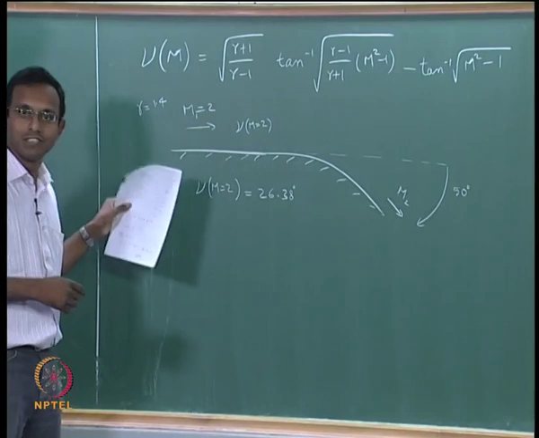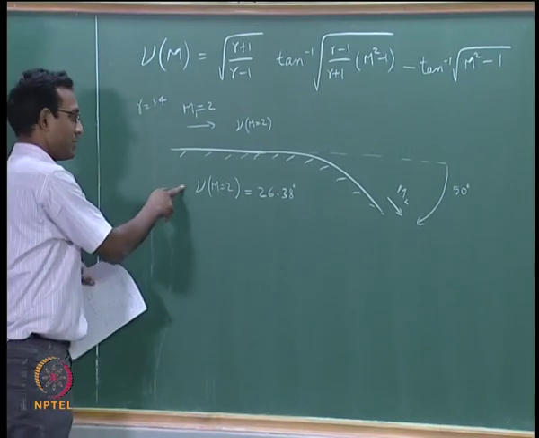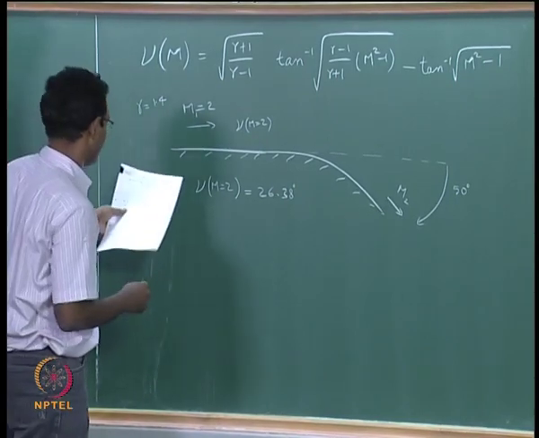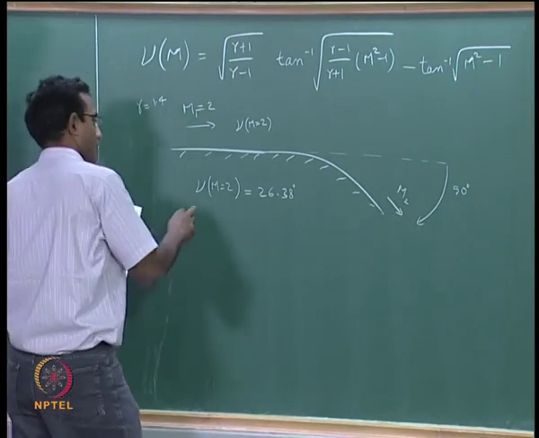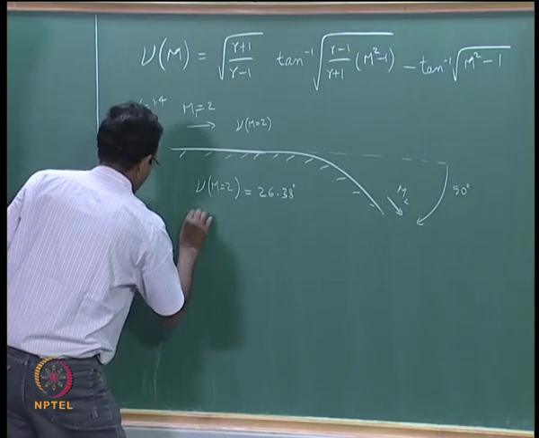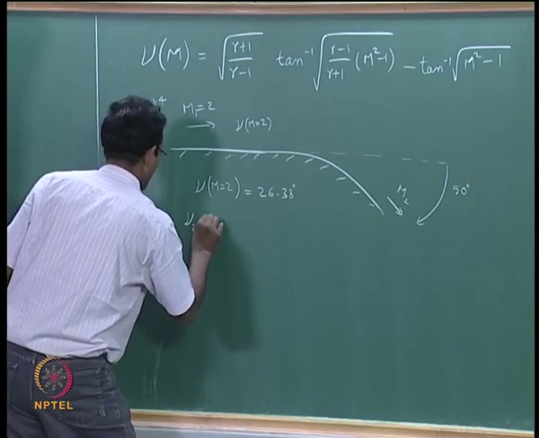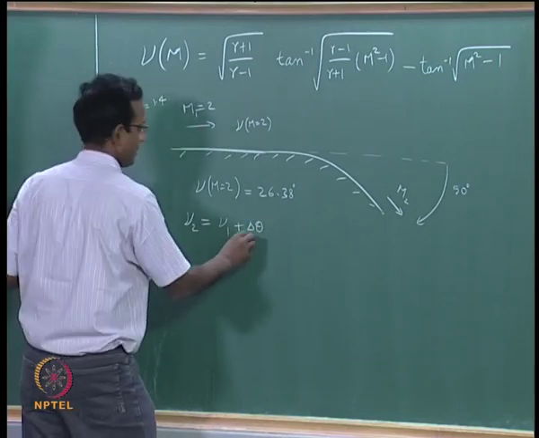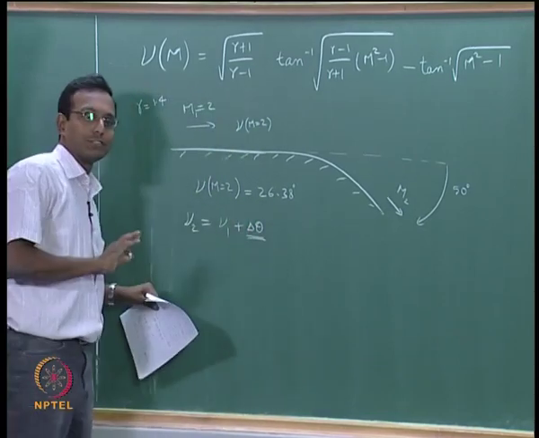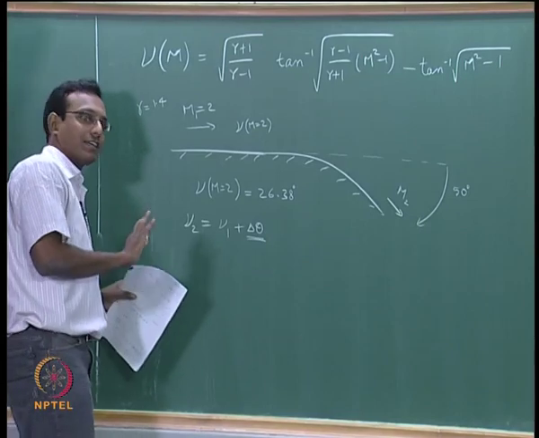Of course, you have seen the plots, you have to look at specific gamma values. For this gamma equal to 1.4, this is the value you are getting. Now you remember the formula, nu 2 equal to nu 1 plus delta theta, where theta is the angle of expansion. Delta theta is the net expansion angle.